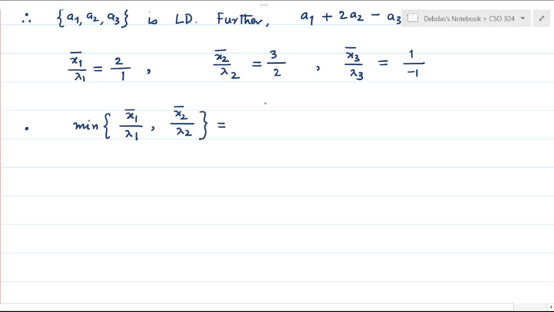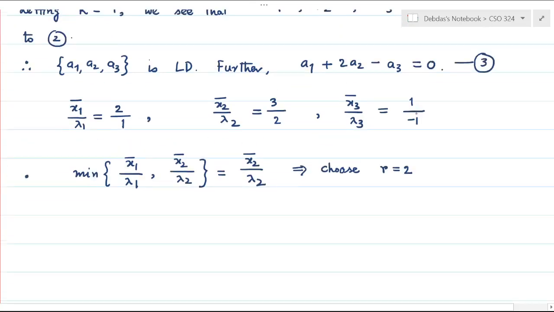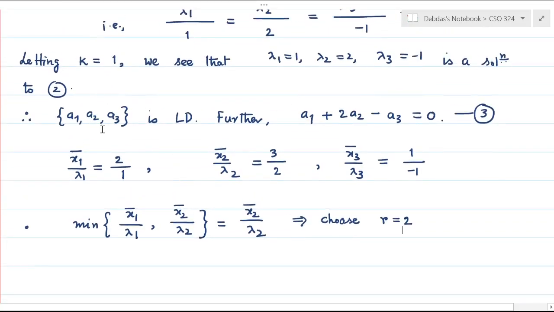This will give you 3 by 2, and 3 by 2 is your x2 bar divided by lambda 2. So you choose r equals to 2. By r equals to 2 means choose to drop out A2 and choose x2 bar to make 0, right? We have to drop now A2 and accordingly we have to find a reduced solution x star from the given solution x bar.